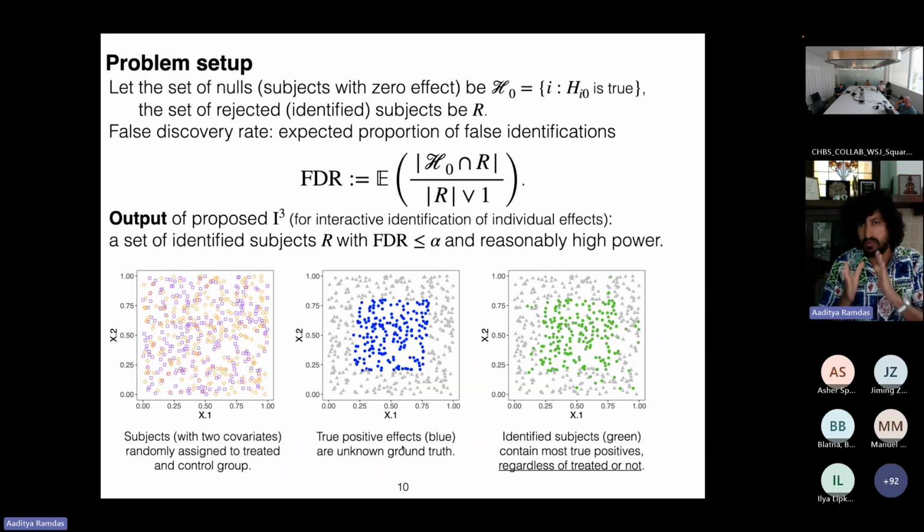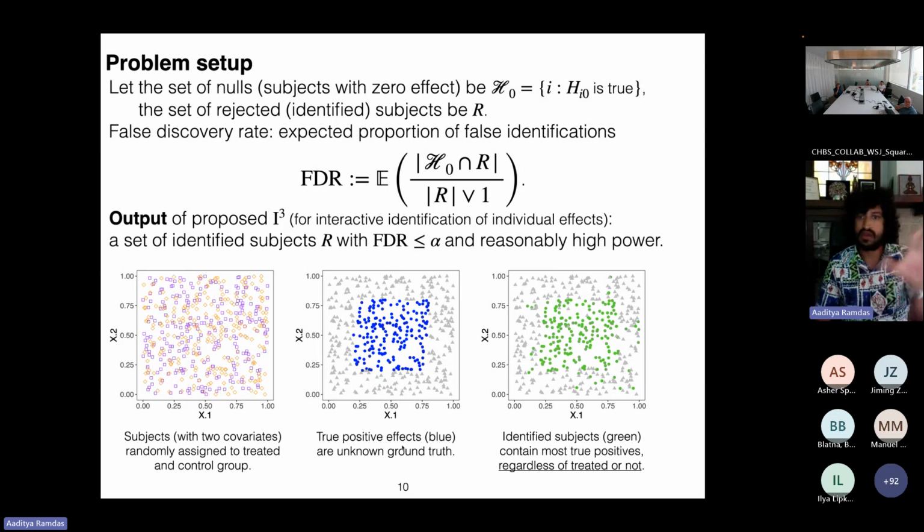But one of the most important points is that you can identify subjects regardless of whether they were treated or not. If you look at that box, there are several people who were assigned control, but we're still able to determine that, had they been assigned treatment, they would have had a higher potential outcome, despite not having observed their potential outcome under treatment. So that's interesting. You don't identify only treated people. You could be identifying people who were controls.